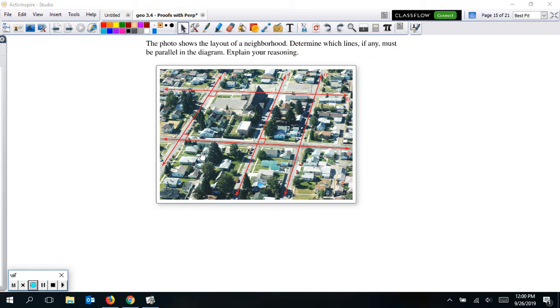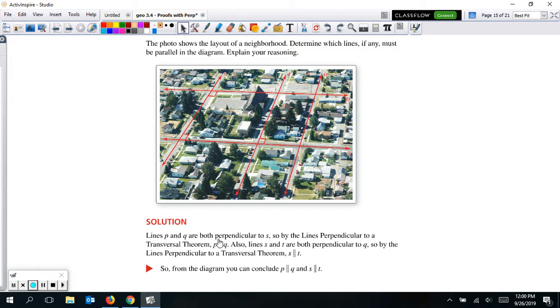And also, if you look at S and T right here, where Q goes through them, so where Q goes through S, it's perpendicular, and where Q goes through T, it's also perpendicular. So since Q is perpendicular to both, S and T can be shown as parallel. So that's what this is going to say down here.